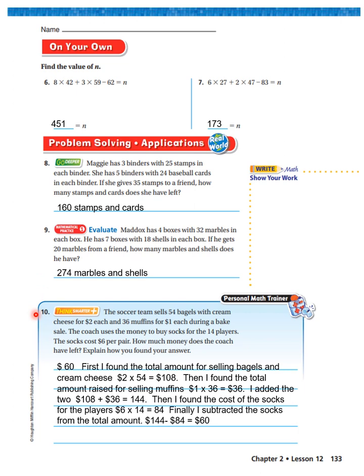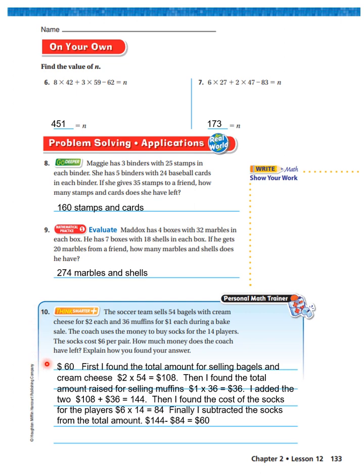Look at number 10. The soccer team sells 54 bagels with cream cheese for $2 each and 36 muffins for $1 each during a bake sale. The coach uses the money to buy socks for the 14 players. The socks cost $6 each pair. How much money does the coach have left? Explain how you found your answer.